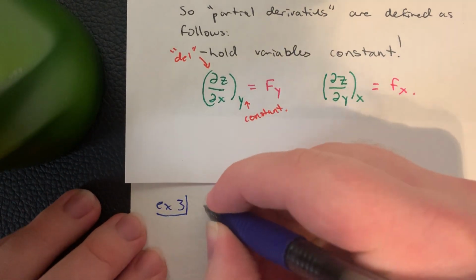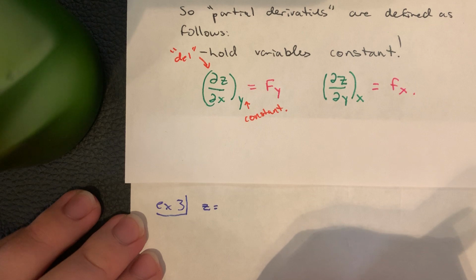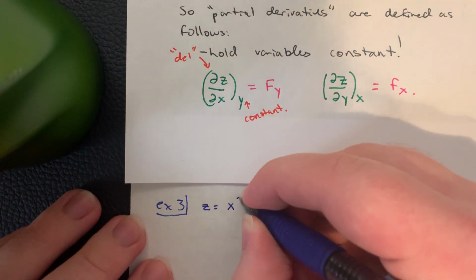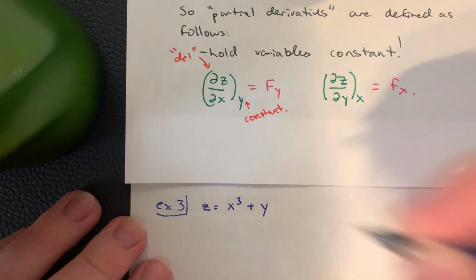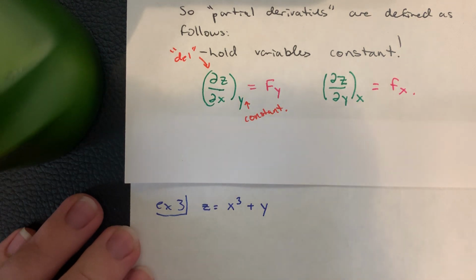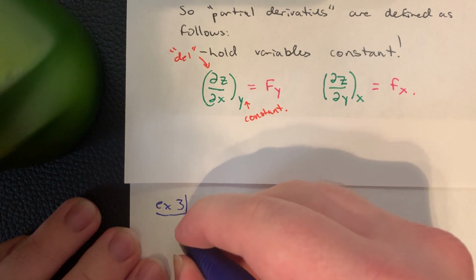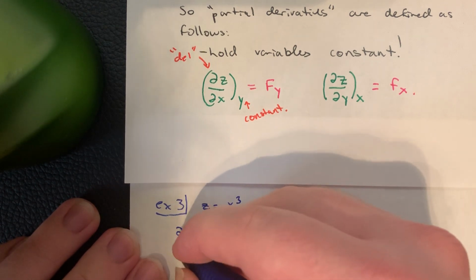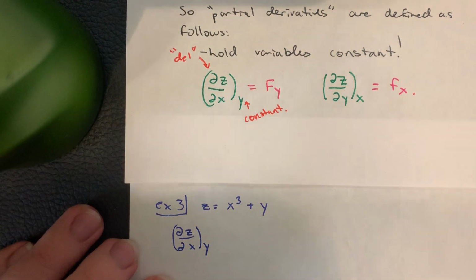So suppose we have a function z is equal to x to the third plus y. Okay, so let's find the partial derivatives for this. So let's consider partial z over partial x holding y constant.